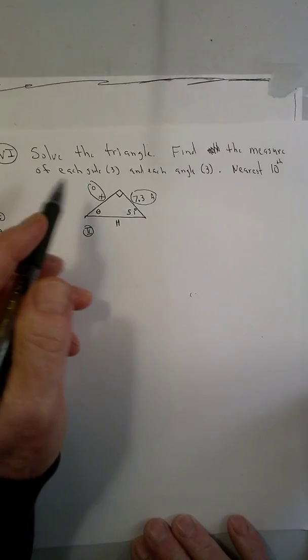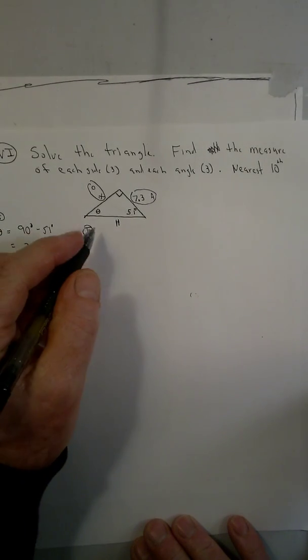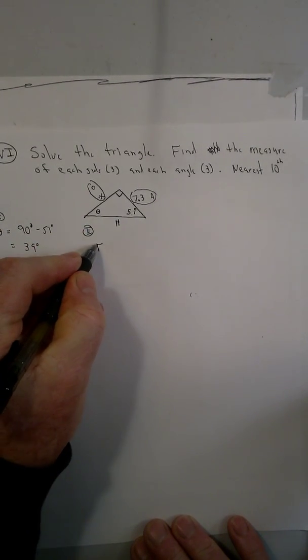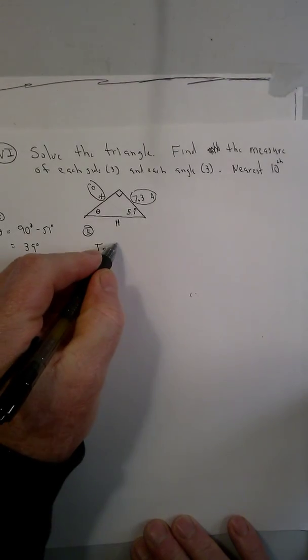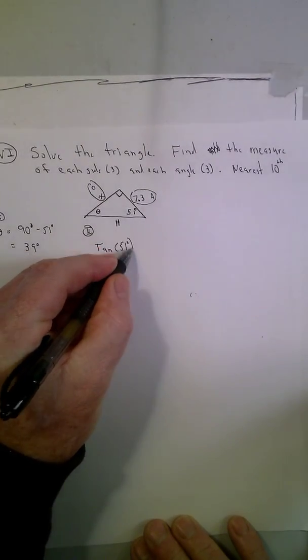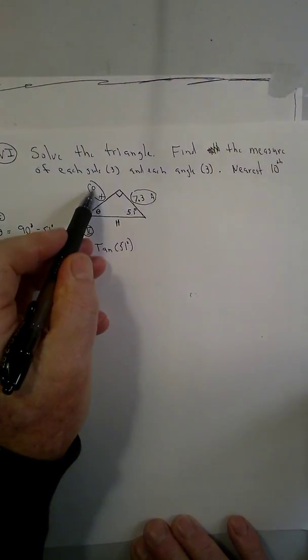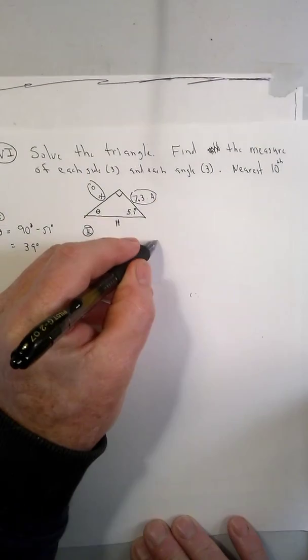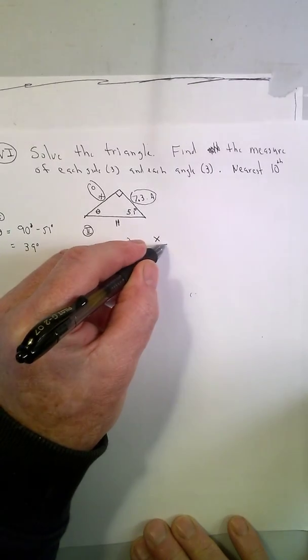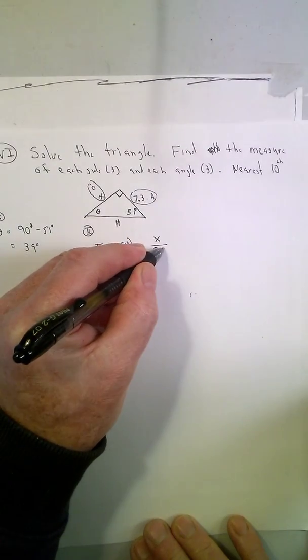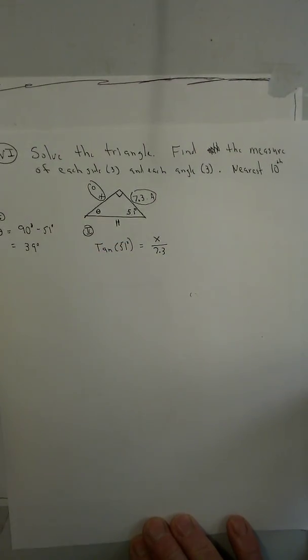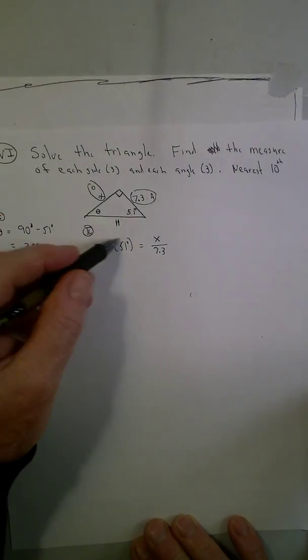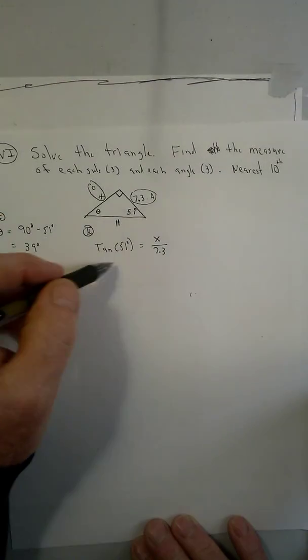So opposite, adjacent, tangent. Tangent always comes up. So the tangent of 51 degrees, because I'm using the 51 to describe these 2 sides, has to be the opposite side over the length of the adjacent side. Right. This is just a number. It's going to come out to be a decimal.